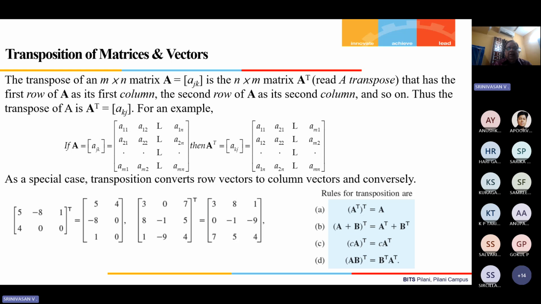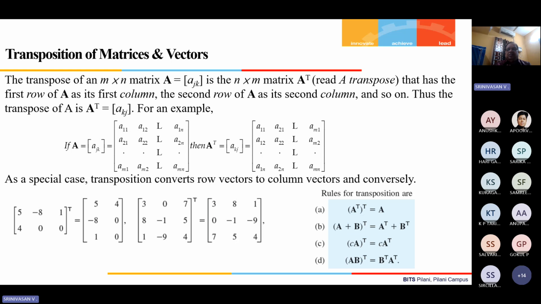Look at the symbol A superfix T. Capital T stands for the word transpose. Read it as A transpose. Don't read it as A power T or A super T, but you write A and put the superfix capital T. That is, the first row of A becomes its first column, the second row of A becomes its second column, and so on, as you know very well. So the row becomes column or the column becomes row, but uniformly in one way.